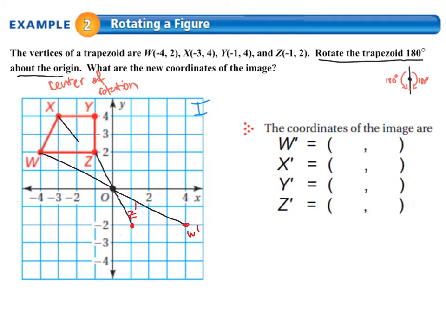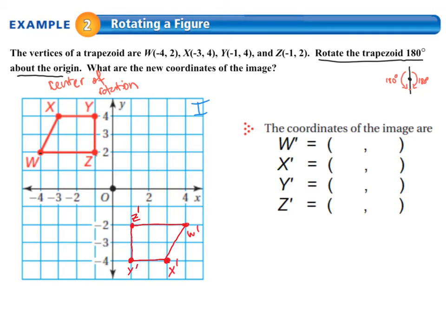So that'll be over 3, down 4. So it's going to end up over here, right? So notice what I was doing there. So that's going to give me X prime. And if I start sketching in this shape, you might realize where that last point has to go to make it congruent to the original figure.